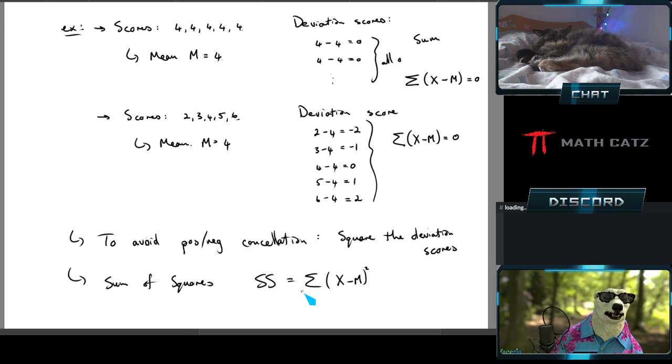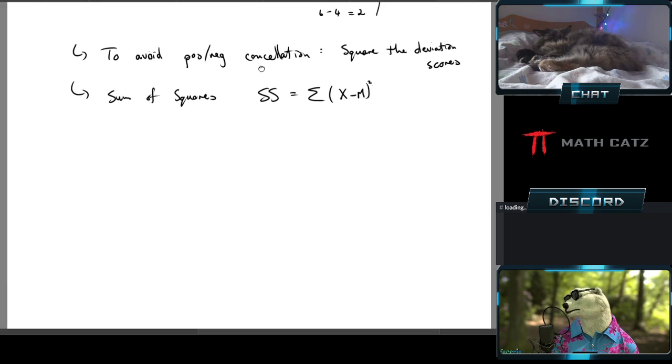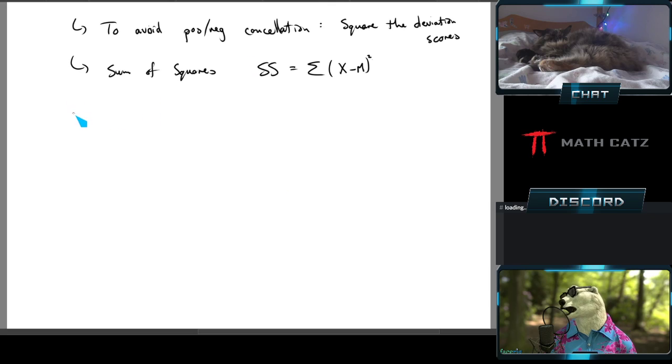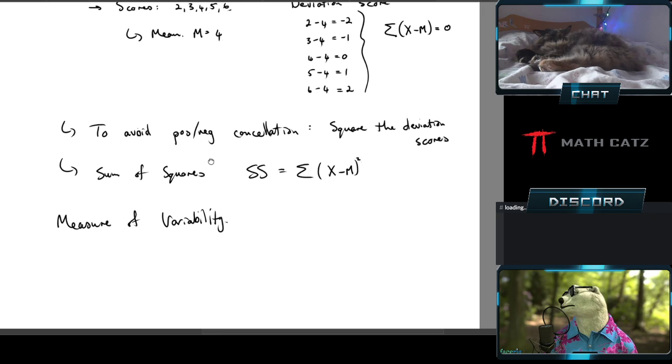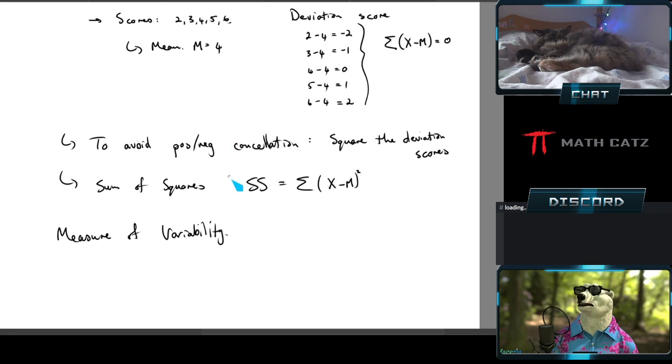And then to complete this, do I have space? Yes. To complete this, we are going to have our actual measure of variability. It's not quite the sum of the squares because if I have more of these scores, each one is going to contribute. I'm just trying to explain how they're spread around the mean.